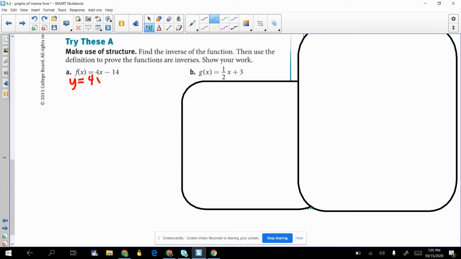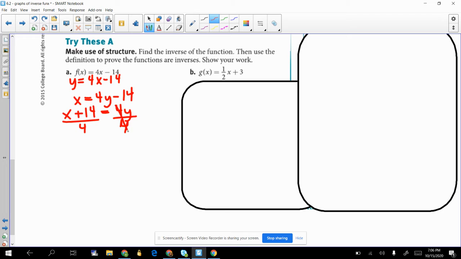So y equals 4x minus 14. Next step is to switch your x and your y. Next step is to solve for y, so I would add the 14 over. And then I would divide by 4 on both sides.